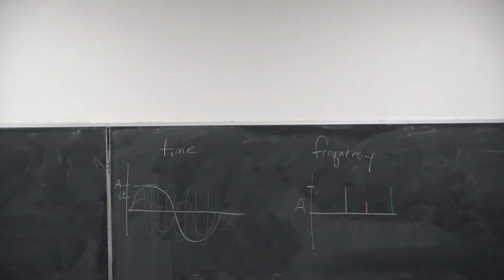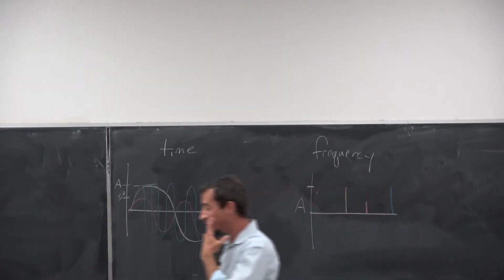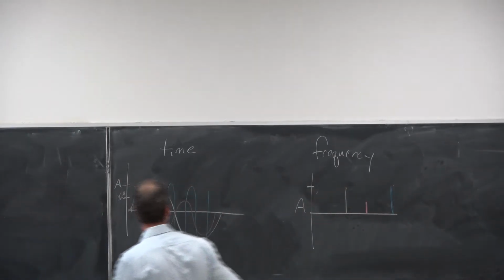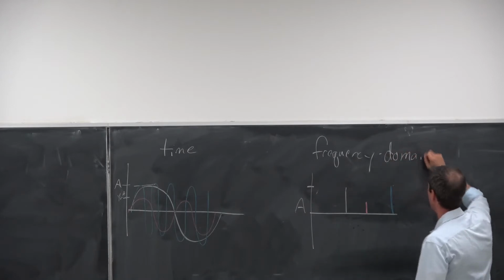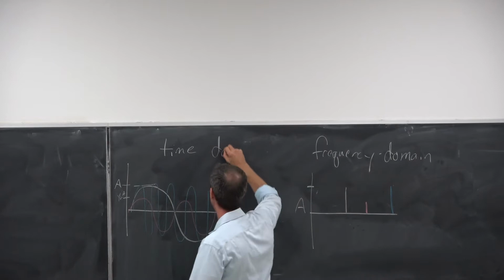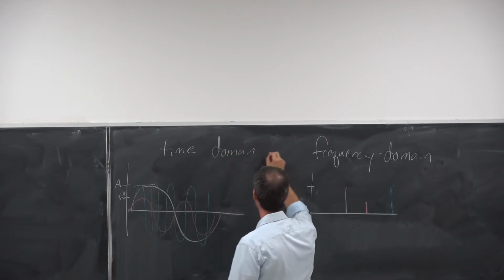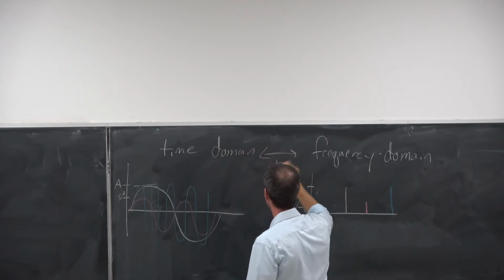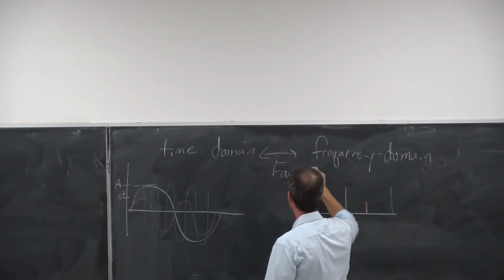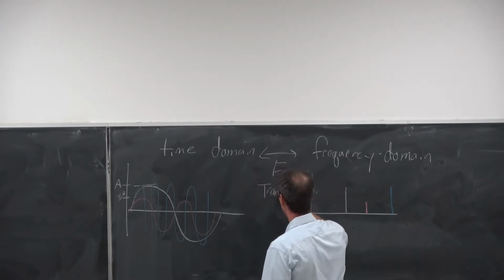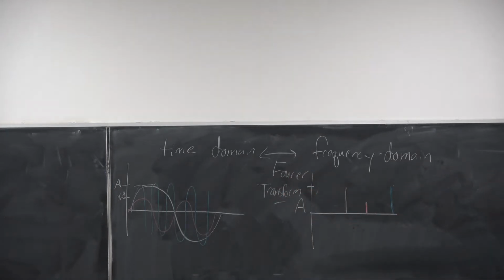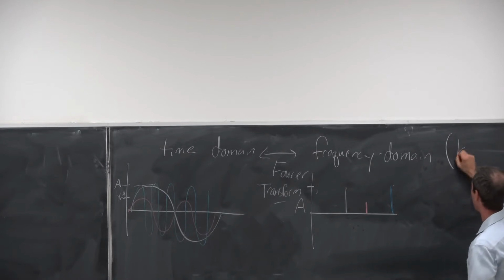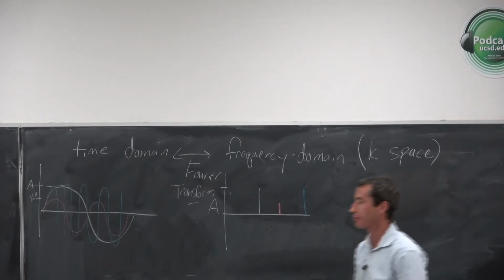So the point is that you can use this concept of frequency, and this frequency domain and time domain can be moved back and forth by something called the Fourier Transform. This was named after French mathematician Fourier. And the frequency domain is also lovingly referred to as K space. Okay?